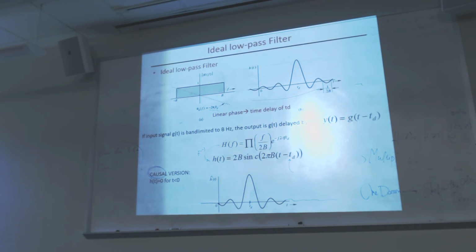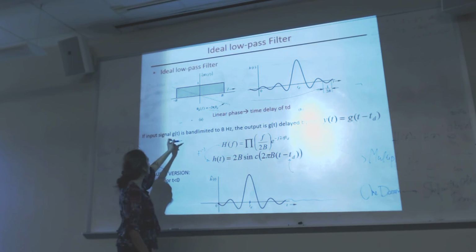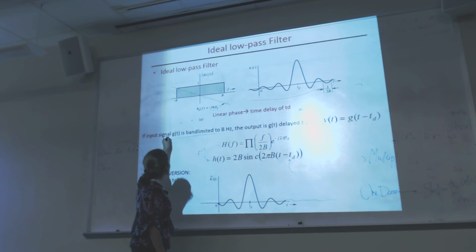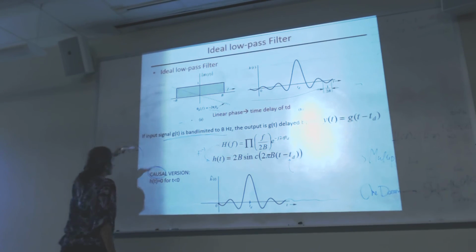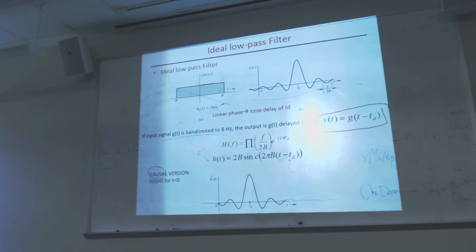Now if your input signal is band limited to B Hz, where B Hz is the bandwidth of that filter, with frequency content from 0 to B, then my filter just passes that signal with some delay. So it's going to be a distortionless system, gain is 1, and the delay is T.